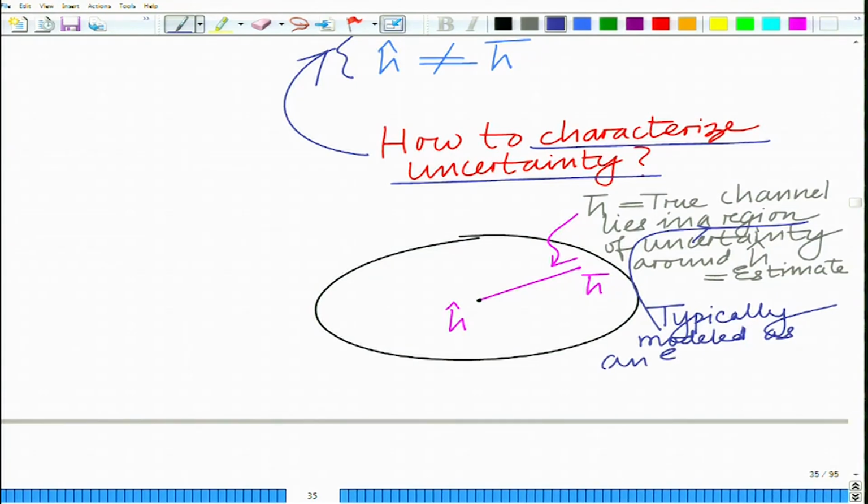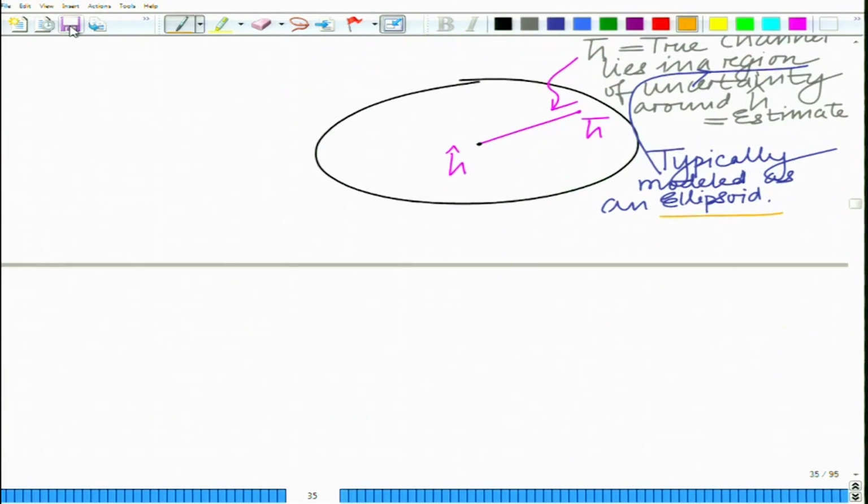So we say that the true channel vector lies somewhere in an ellipsoid around h hat.